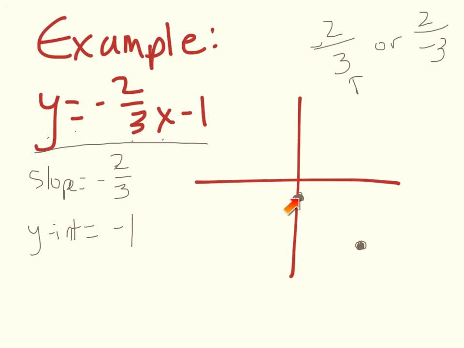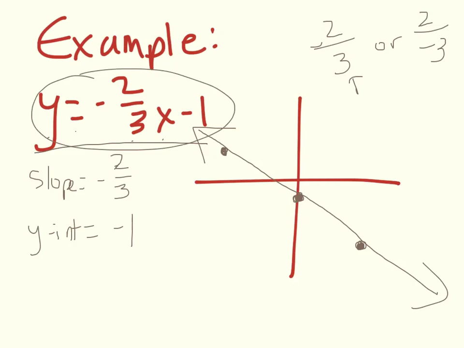So again, I start at my y-intercept, and I can rise 2 and run -3. So 1, 2, 3 to the left, and I could put my point right there. Now either way, when I draw my line, I can see that I did it correct both ways. And there's my line that represents this equation.